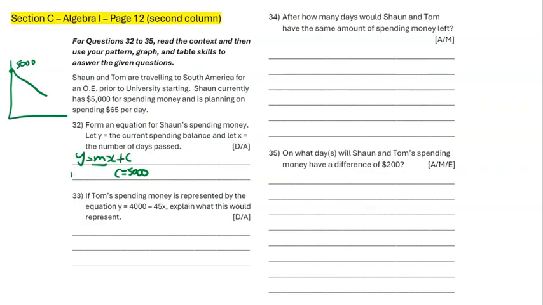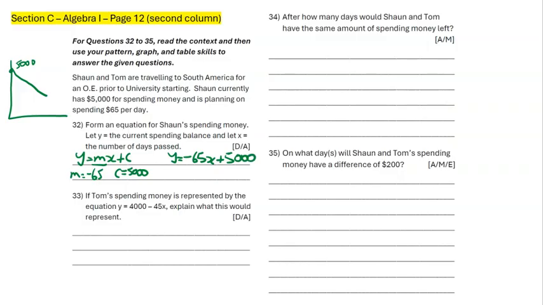In this case, we know that it's changing at $65 per day, but specifically negative $65 because he's going down by 65 each day. So that means your equation, y, is going to be equal to negative 65x plus 5,000.